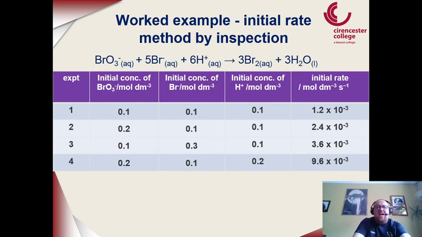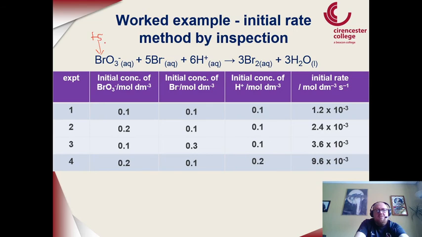So this is an example. This is for this equation here, which is the bromate ion with a bit of bromide with a bit of acid, making some bromine plus some water. So if we look here, this is a redox reaction. We have bromine in a +5 state.